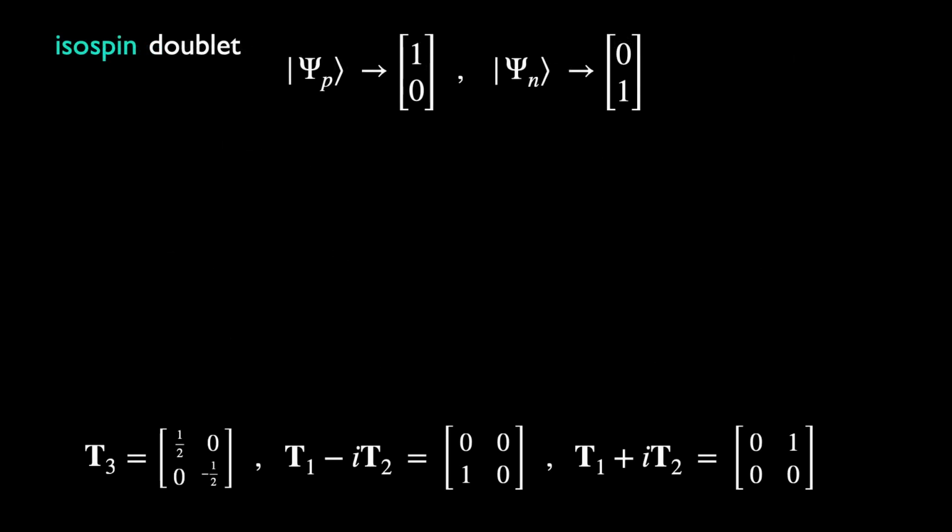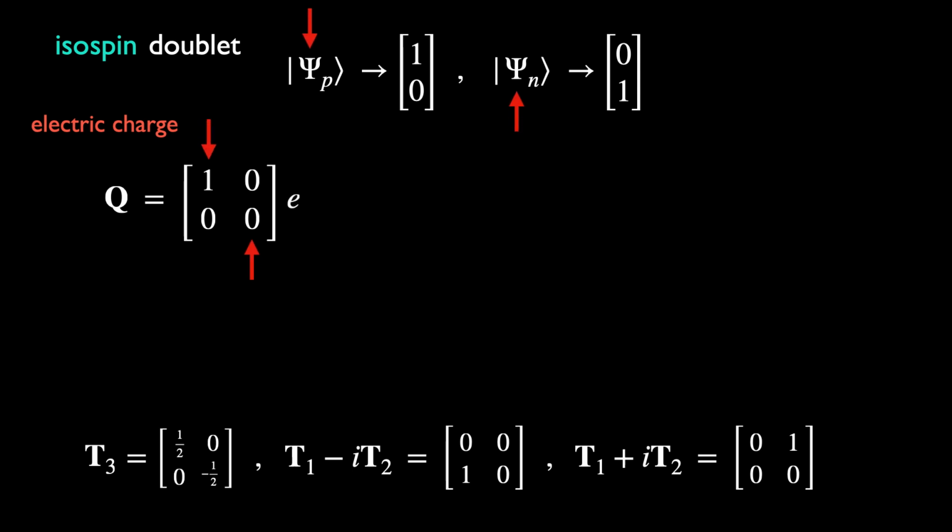As we have just seen, we could effectively replace the states in an isospin doublet with columns of ordinary numbers, and the symmetry generators by matrices which act on these columns. It is quite obvious that the electric charge could also be expressed as a diagonal matrix in this basis. The upper diagonal is the charge of the proton, while the lower diagonal the neutron.